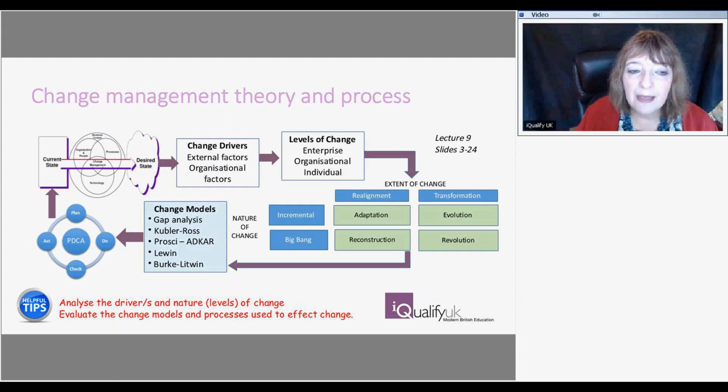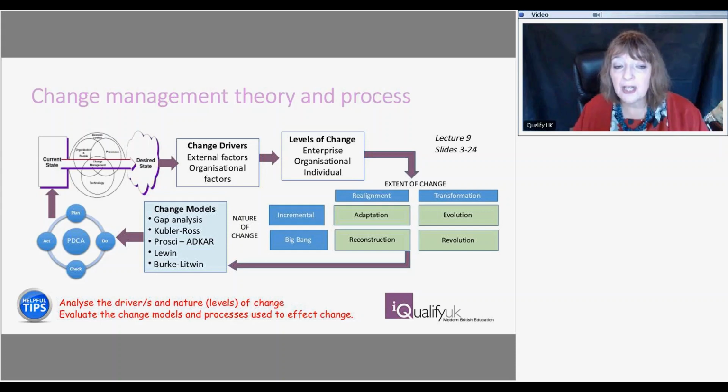And then that leads us to the classic planning document, which is the PDCA, which requires us to plan, to do, to check, and to act. And our helpful tips for this one: analyse the driver and nature and levels of change, and evaluate the change models and processes used to affect change.